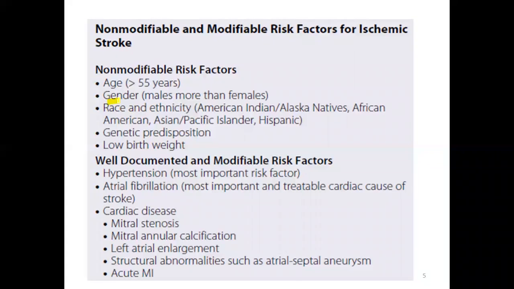It is very common in males because of hormonal differences. Yes, estrogen is very protective from ischemic stroke before menopause. Then the well-documented modifiable risk factors are hypertension. Hypertension is in fact one of the most common causes of stroke. Atrial fibrillation, yes, specifically hemorrhagic stroke.